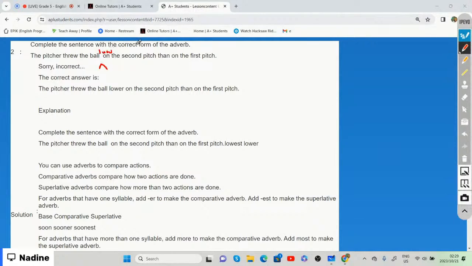So low is our base word. So we need to see if we are using a comparative adverb or a superlative adverb. Comparative adverb to compare how two actions are done, or superlative adverb basically to compare how more than two actions are done.